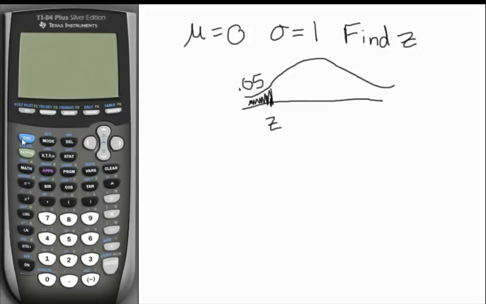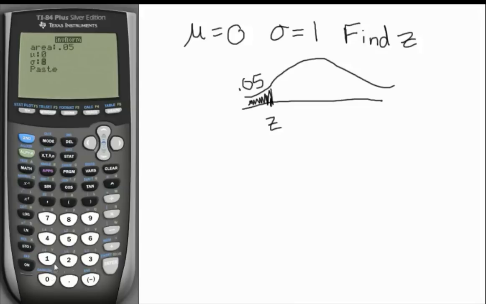Our calculator is on. We press second and then the VARS button to get to the distributions, and we will select number 3, inverse norm. We want our area to the left to be 0.05. Okay, and then our mean is 0.